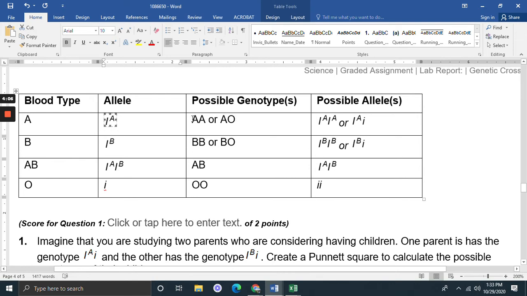Now, when you talk about the possible genotypes, remember, we often think of them as the same as the letters, but this is an indicator that represents the different dominants in the alleles. They give you just the straight up letters that represent the genotypes instead of having to do this I with the superscript all the time.